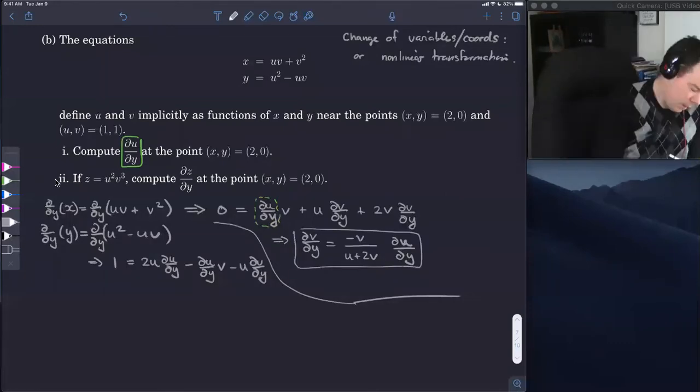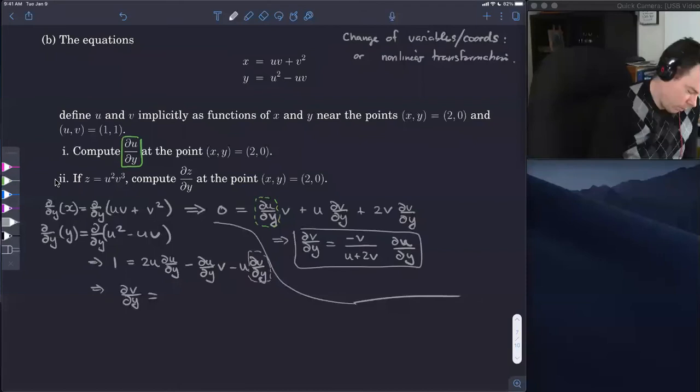And again, I get an equation relating the two derivatives. So I can solve for dv dy in this case, like I did for the other one. And in this case, my solution for dv dy, let's identify where it is. Here it is.